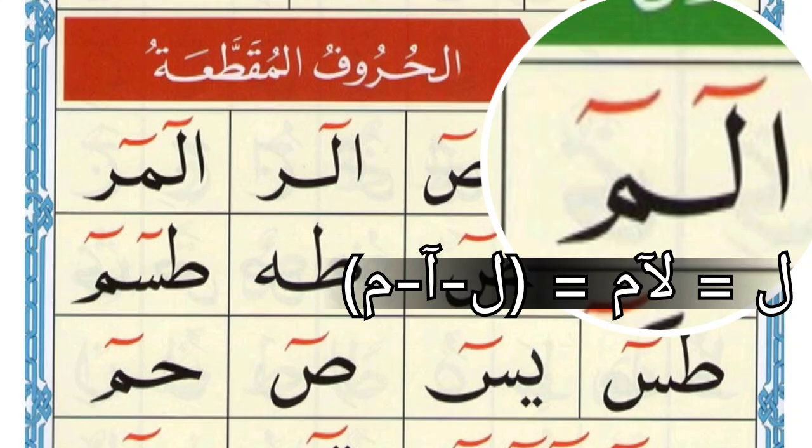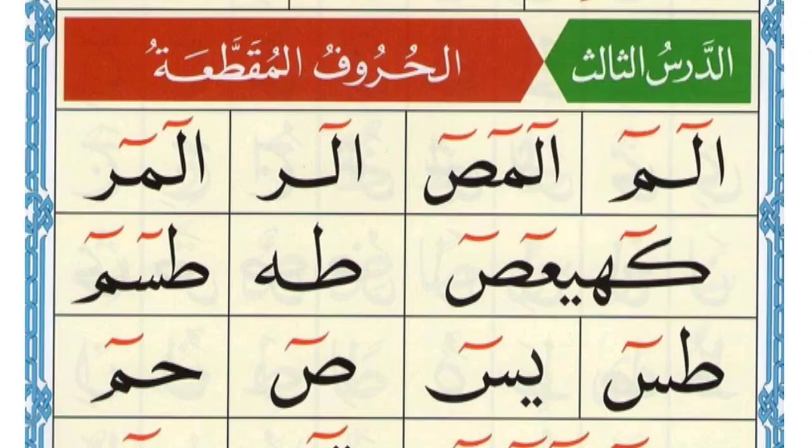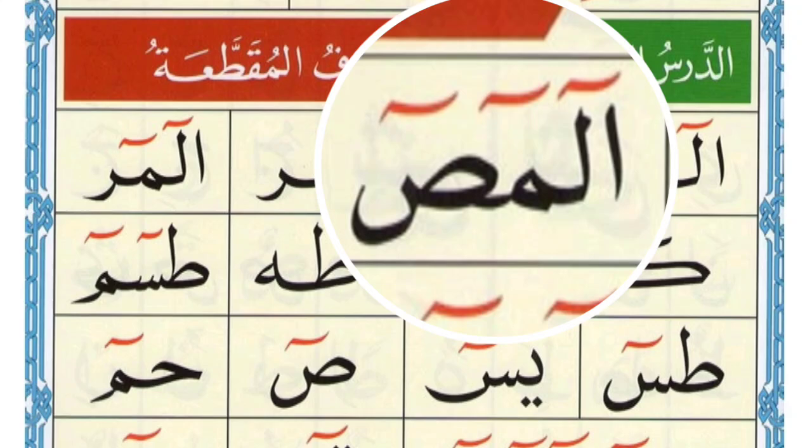So we're stretching the middle letter, which means Alif, and you have to make it 6 counts. Lam, and the Mim the same. So the general pronunciation is going to be Alif, Lam, Mim.